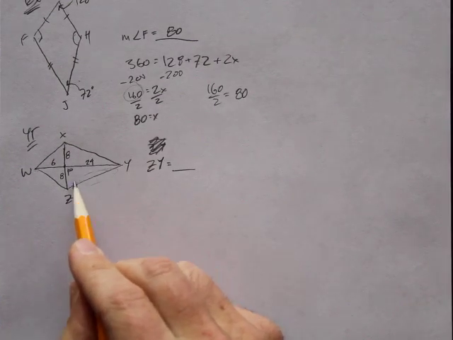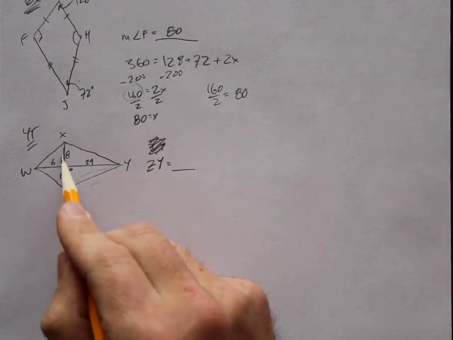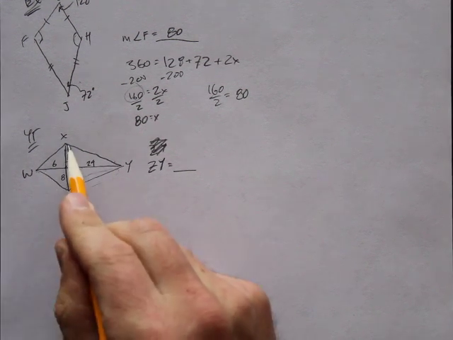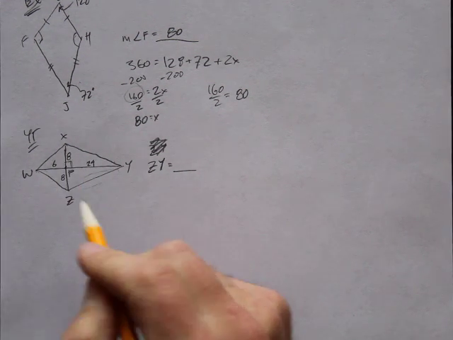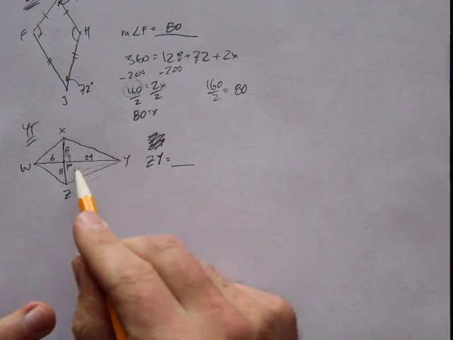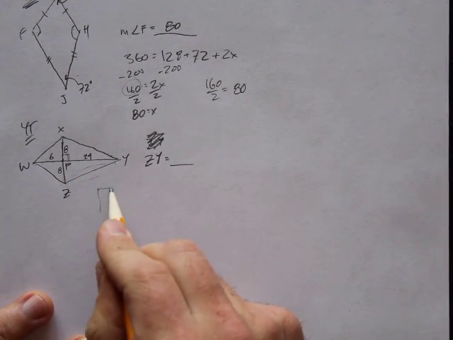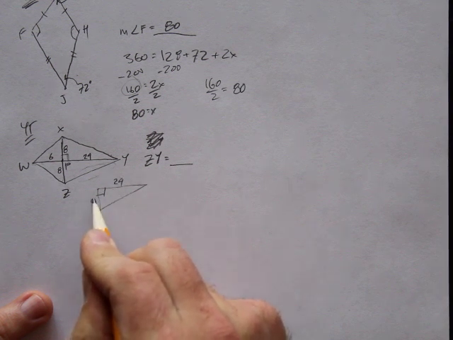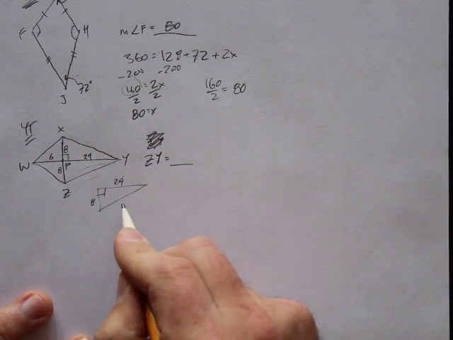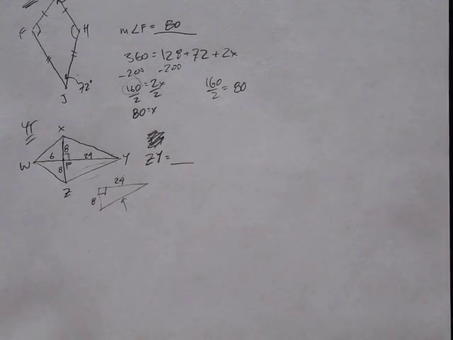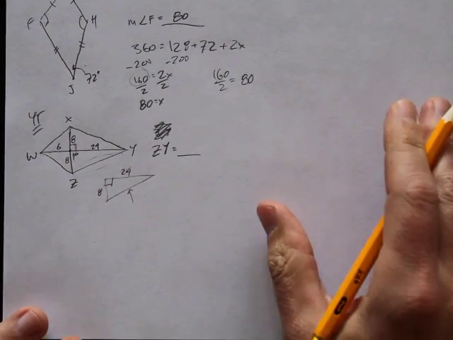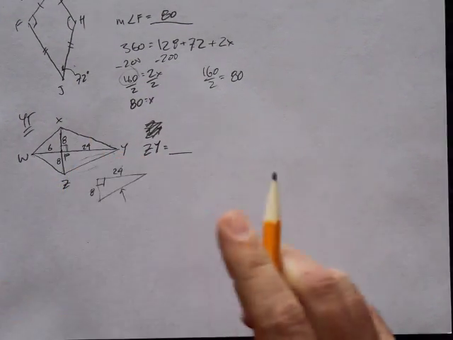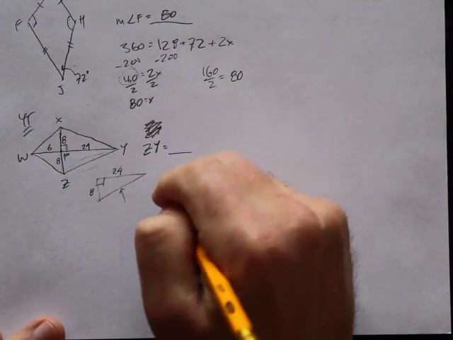I want ZY. Now remember, the diagonals are perpendicular to one another. So I'm going to just cut out this triangle here. I have a triangle with 24 and 8, and I need to know what is that length there. Just like I did a couple lessons ago, I need to use the Pythagorean theorem.